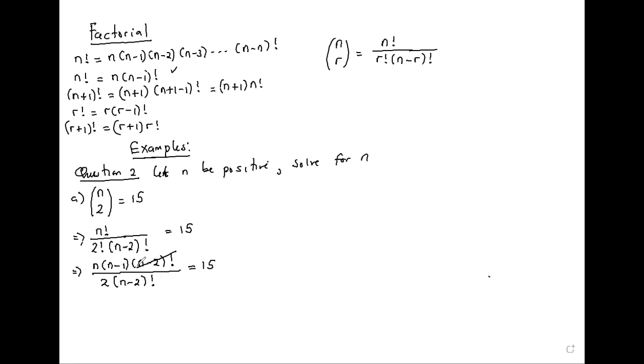So this and this can go. Then we'll have n times n minus 1 over 2 is equal to 15. If we cross multiply, we'll get n times n minus 1 is equal to 30, when you multiply 2 times 15.